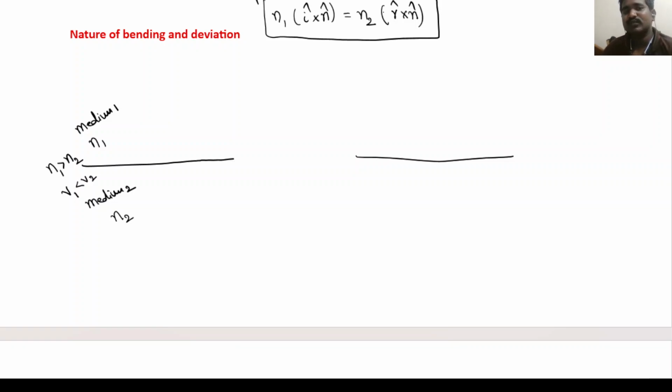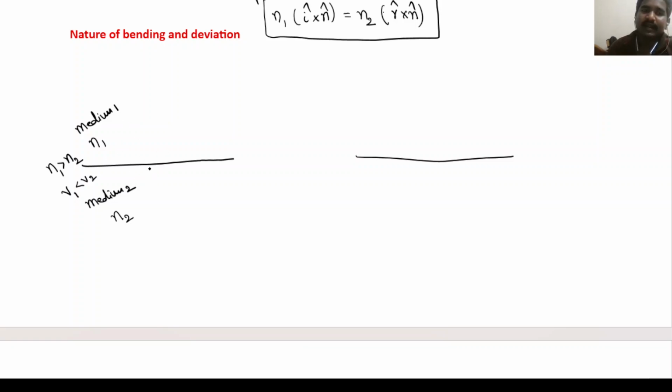If the speed of light is more, the medium is a rarer medium. Therefore, whenever a light ray moves very slowly in a given medium, that medium has a high refractive index, and high speed means it has a low refractive index.